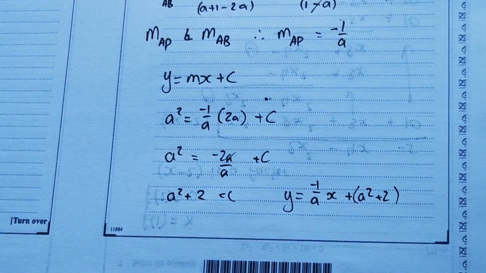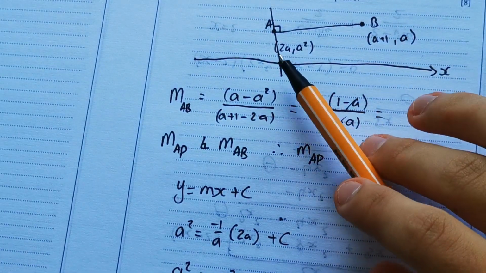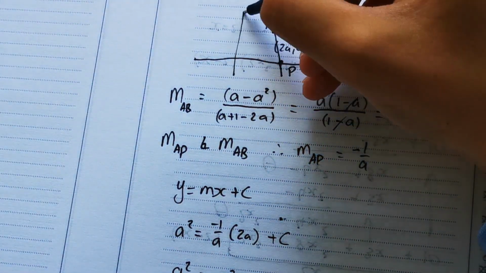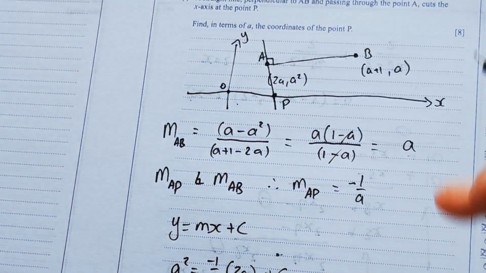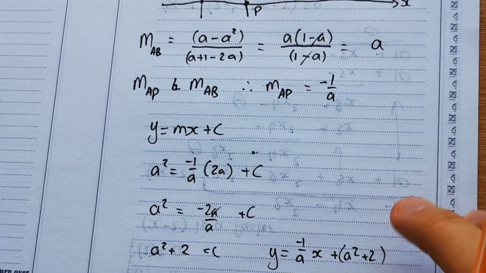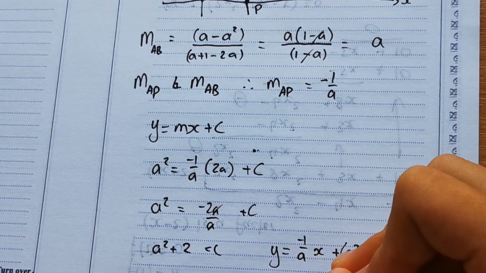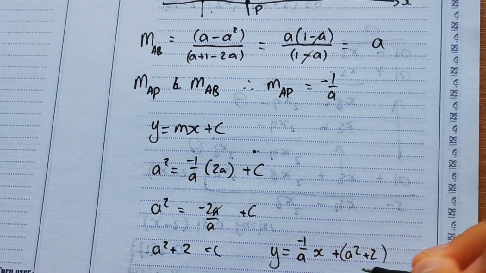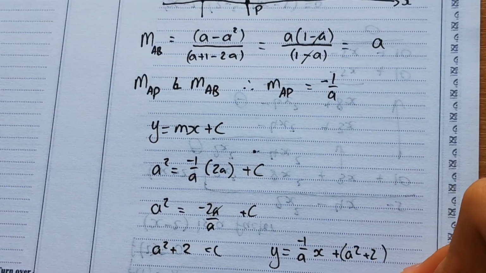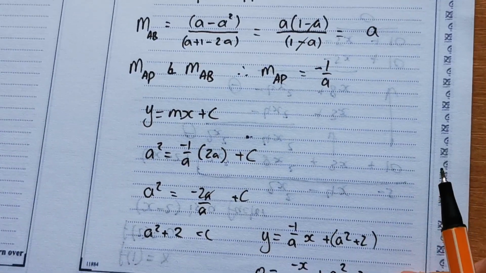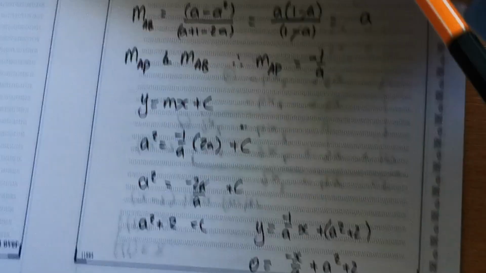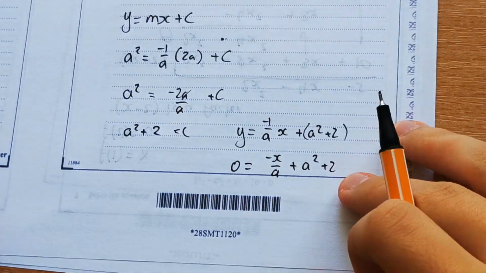How lovely. Now, to get the point where it crosses the x-axis, P, we know that y is 0. Let's say that's the y-axis there. Here, y is equal to 0. So, 0 equals minus x over a plus a squared plus 2. This is going well, as you can see. We're actually off the paper because I did print this out small.